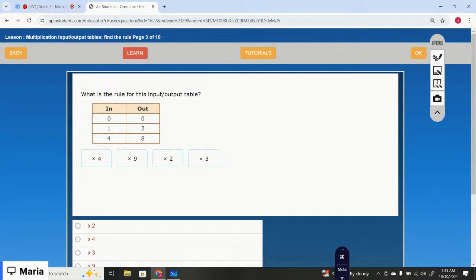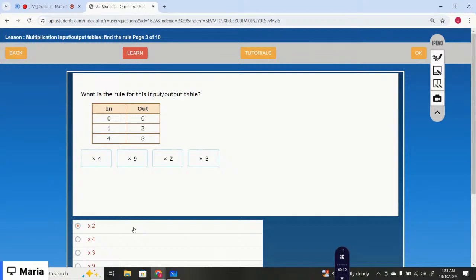What is the rule for input output table? Option number 1 is the correct option.